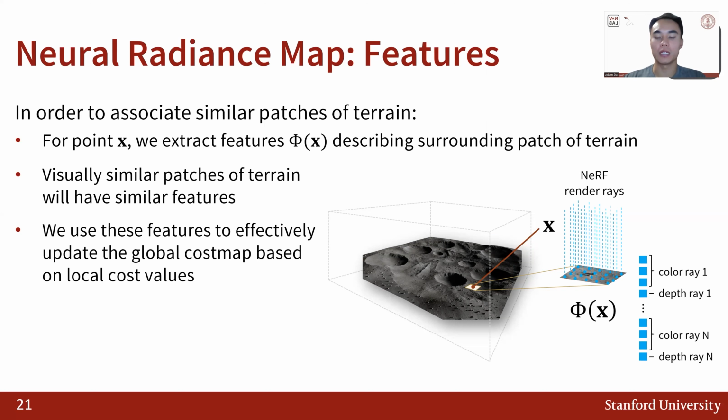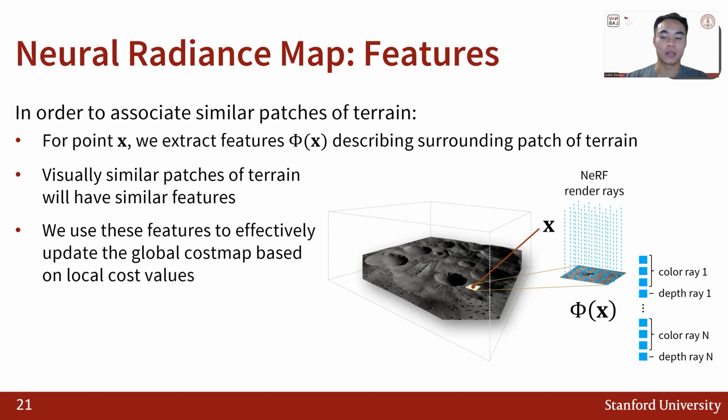Specifically, for this patch of terrain around X, we render a set of rays from the NeRF from a top-down view. And for each ray, we accumulate the color and density values. The color values are accumulated to a final color, whereas for the density values, once the ray hits the surface of the terrain, that accumulation is cut off and we can compute a depth value for that ray.